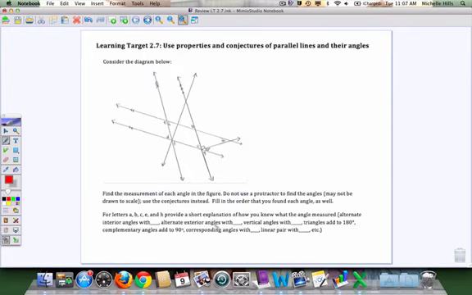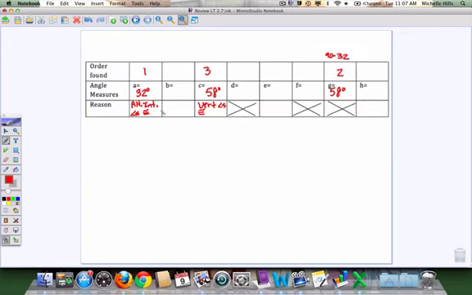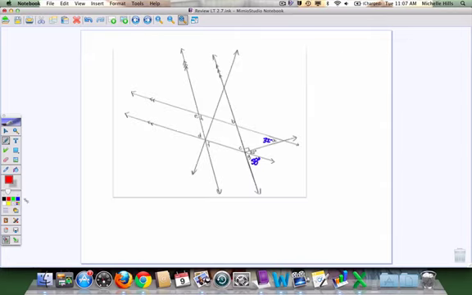It says alternate interior angles with blank. So it's asking me which angle I actually did that with. For A, 32 degrees, alternate interior angles with the other one that was originally marked 32 degrees. Then I went to G, and I knew it was complementary, but I don't have to describe that. For C, it was vertical angles are congruent, and it was with the one with measure G. So that way I'm saying which one I'm talking about while I'm doing this. So I know that C is also 58 degrees.